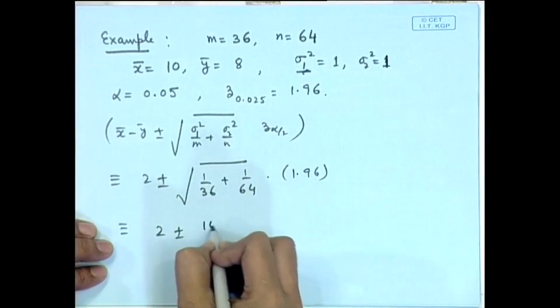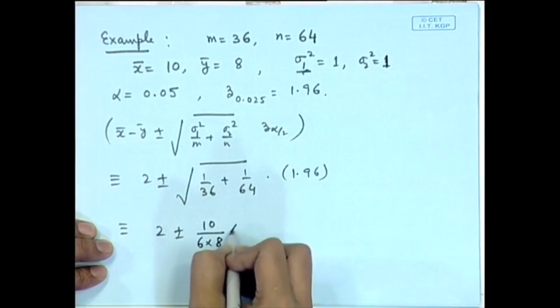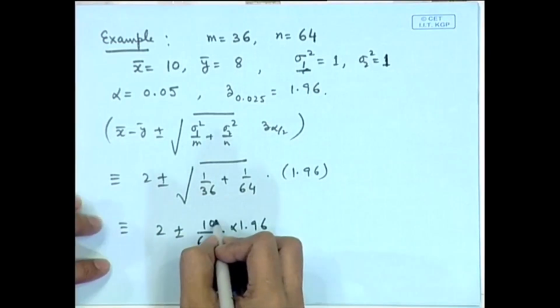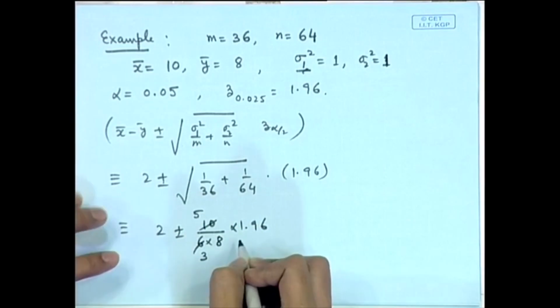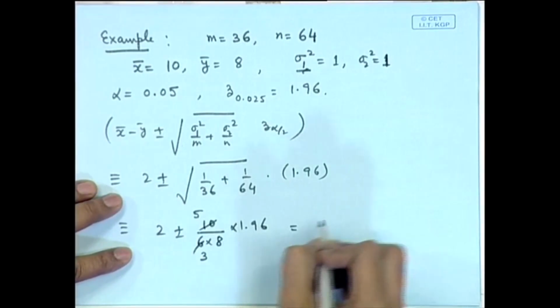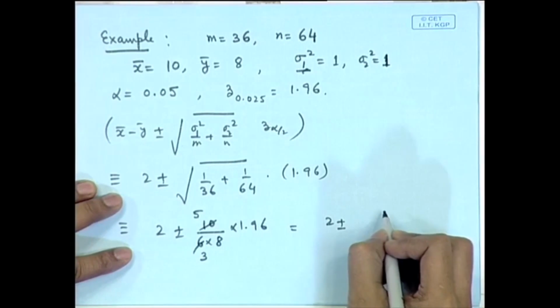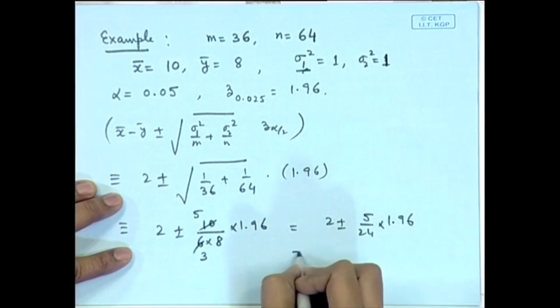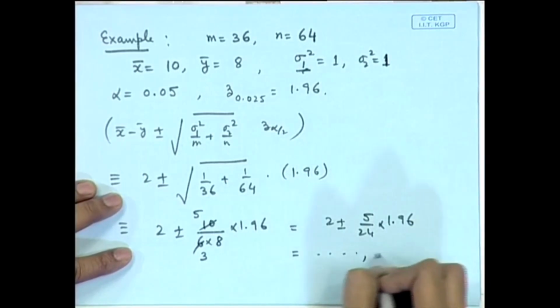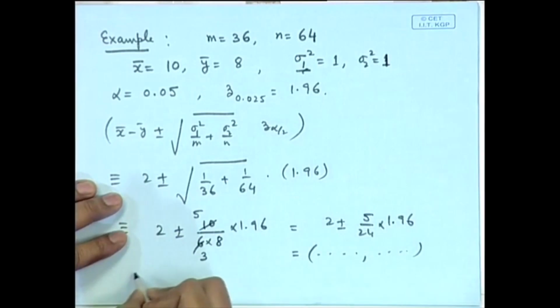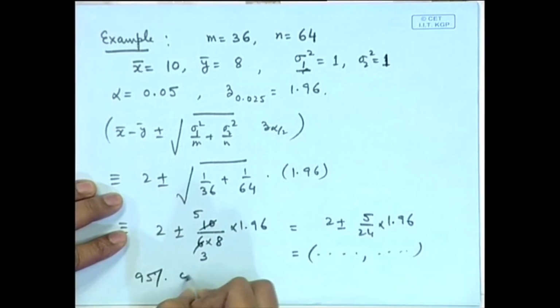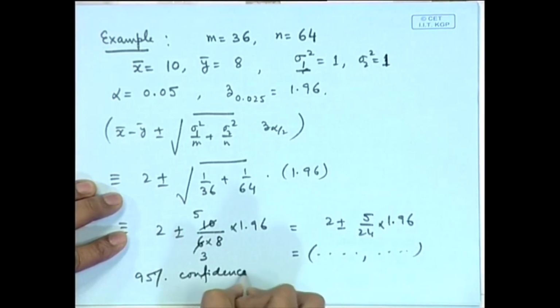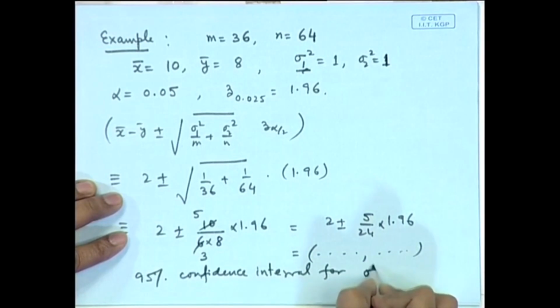So, 10 by 6 into 8 into 1.96, that is 5 by 24 into 1.96. So, we get a 95% confidence interval for mu 1 minus mu 2.